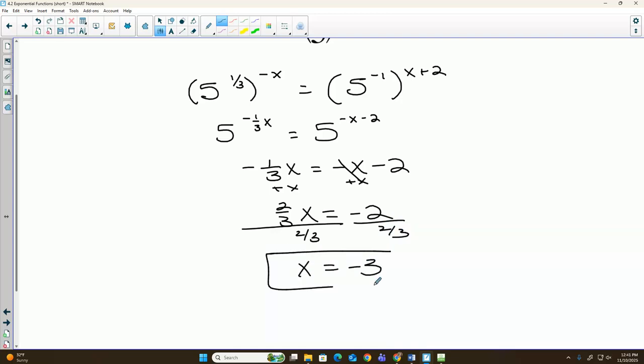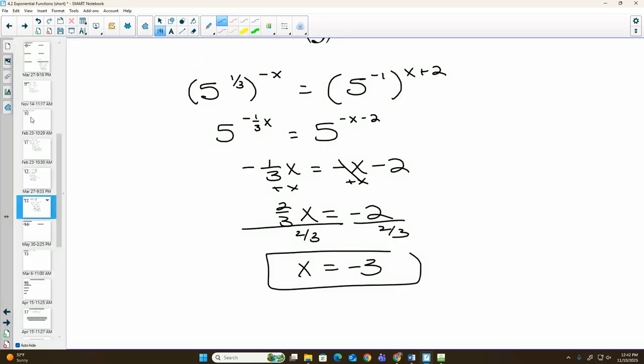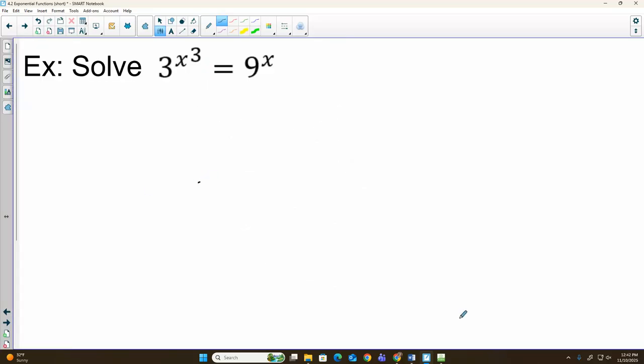And get negative 3. Okay, so you have to use exponent rules to get it to a single number to a power on each side. I'm going to do one final problem of this.